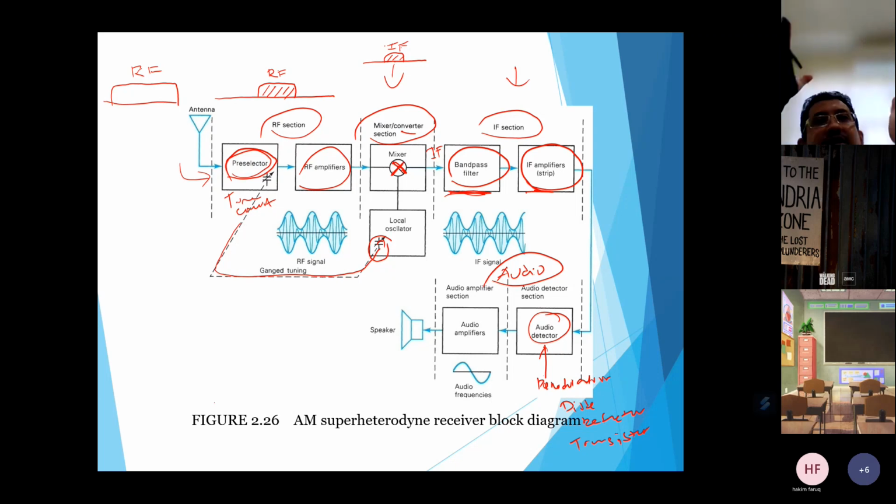Okay, RF section dia akan select certain bandwidth and then dia amplify and then mixer converter to down convert into IF frequencies. IF section to further select the frequency band. And then we amplify again and then we do the demodulation in the audio section. Ringkas je. Okay, 1-2 ayat untuk setiap section itu sudah memadai untuk you dapat full marks.